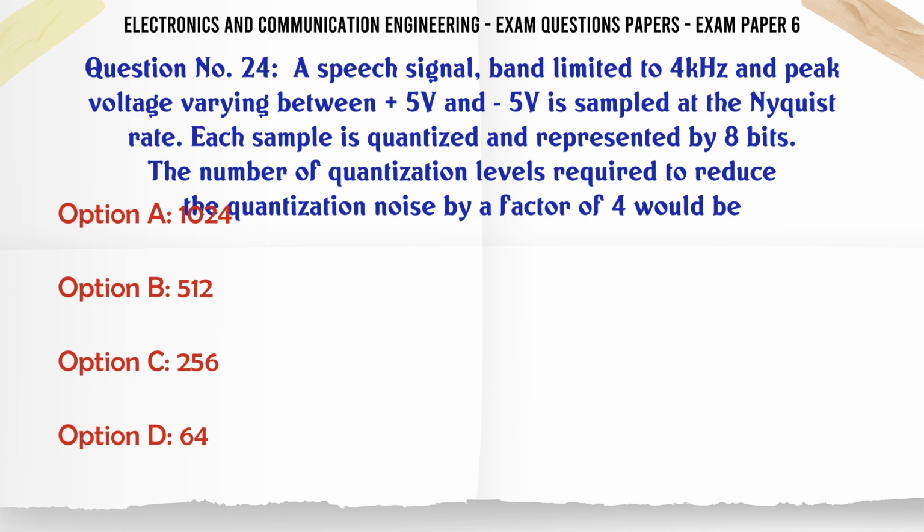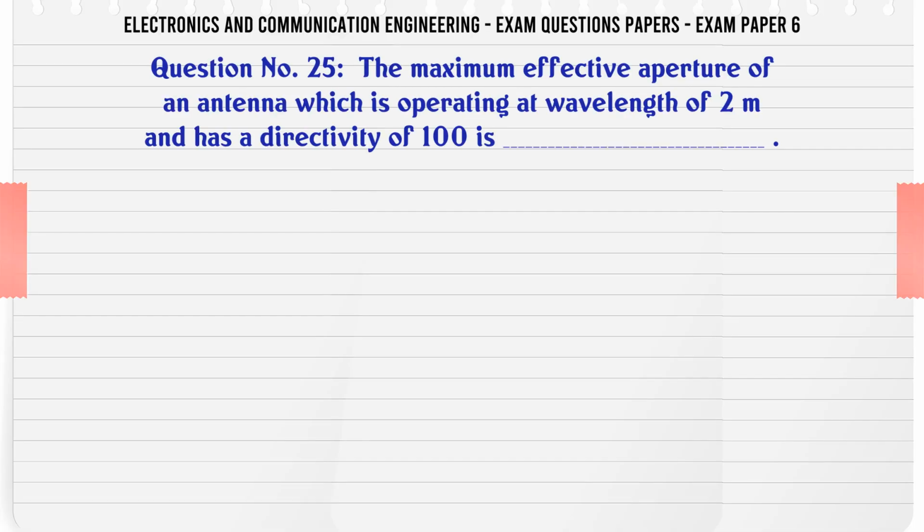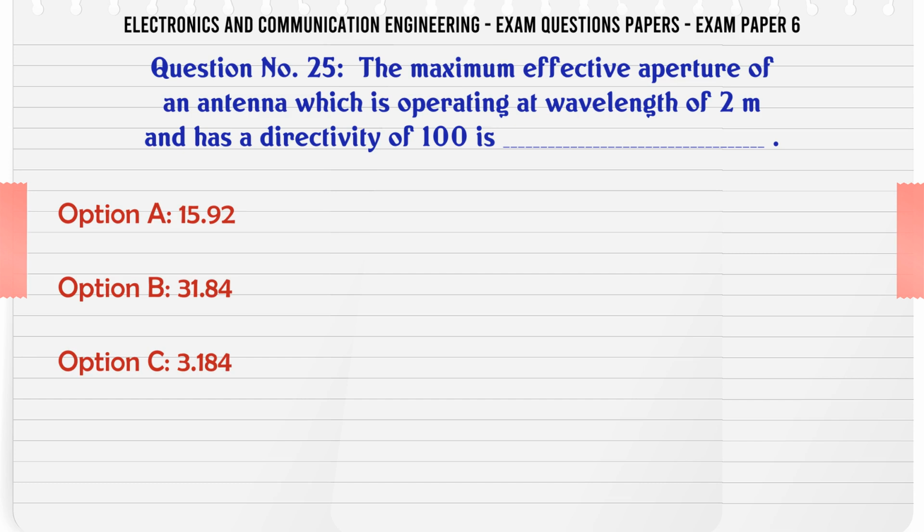The number of quantization levels required to reduce the quantization noise by a factor of 4 would be A) 1024, B) 512, C) 256, D) 64. The correct answer is 512.